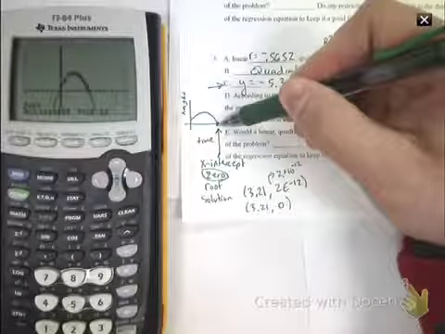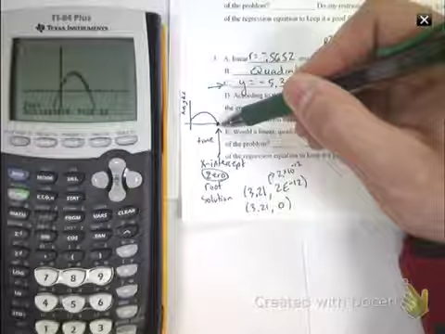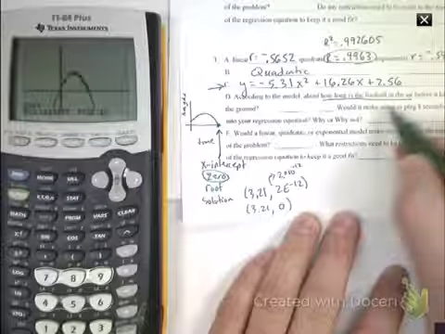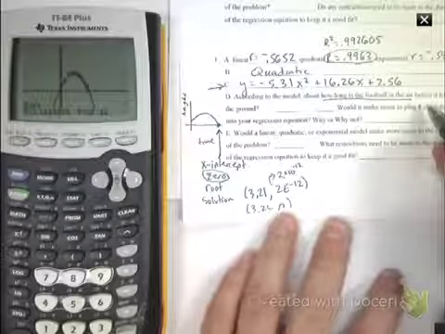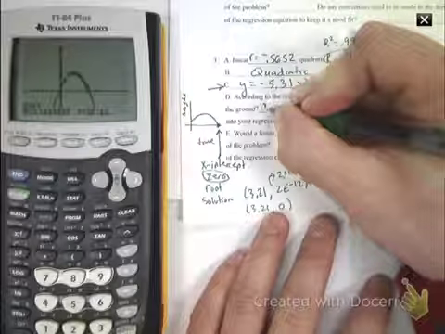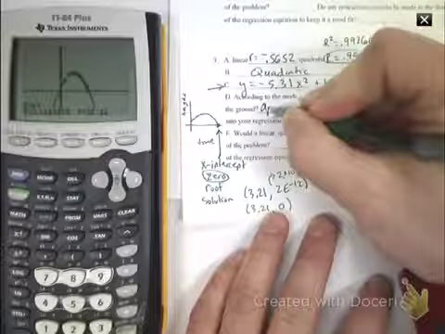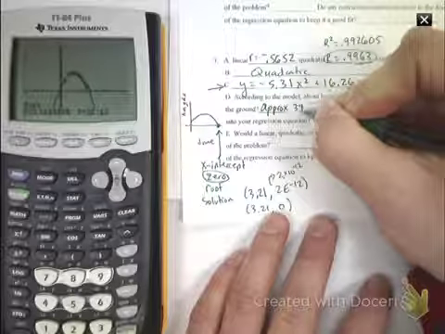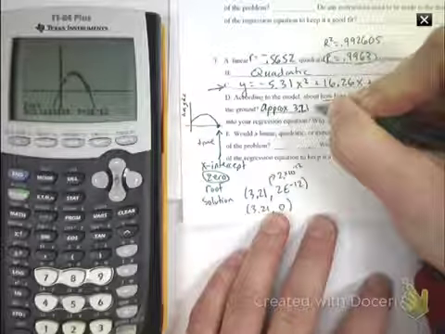Obviously, it's 0. The x value, that's how long the football was in the air before it hit the ground. So the answer to this question, letter D, is approximately 3.21 seconds.